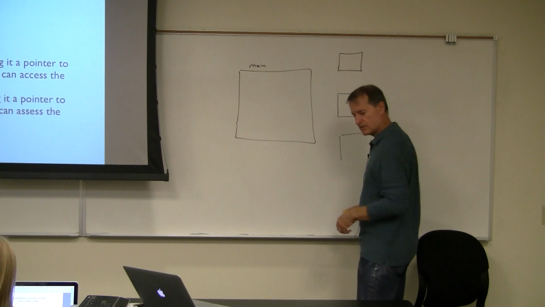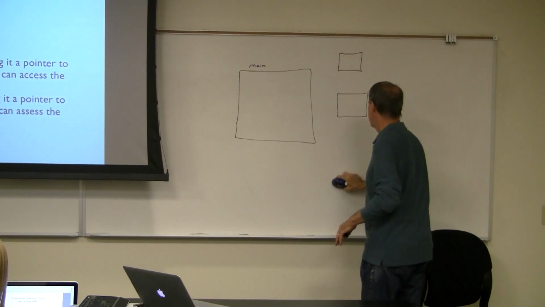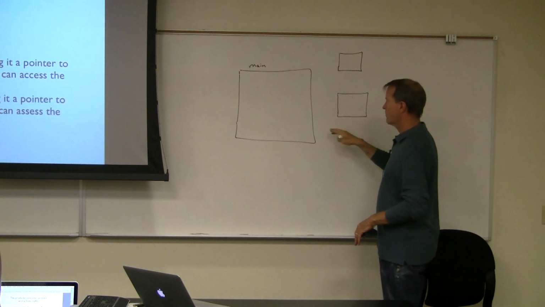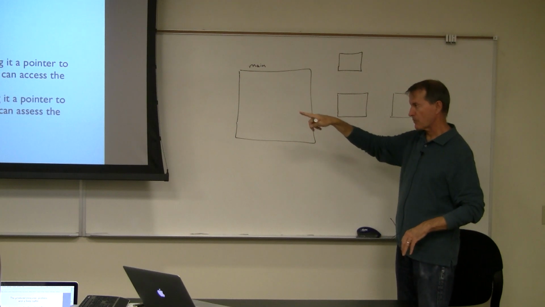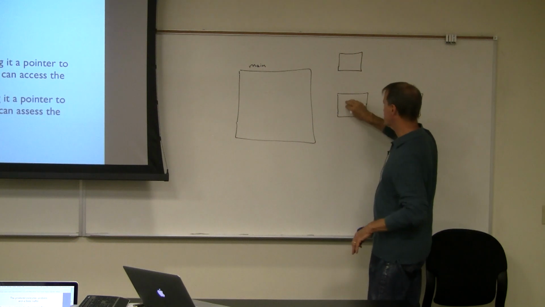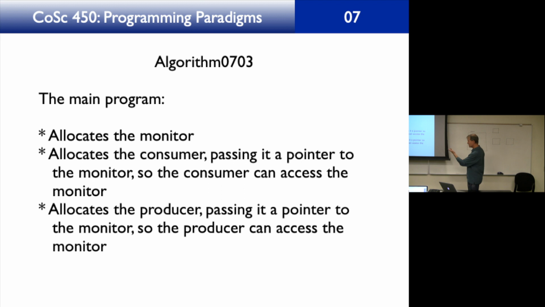Actually, let's do it like this. For now, we're going to fill this in when we look at the code. So for now, here's the main. This is going to be the buffer. This is going to be the consumer. This is going to be the producer, right? And this is a high-level description of what main does. Allocates this, giving it a pointer to this. Allocates this, giving it a pointer to this. All right, so let's see how it does that in the code.